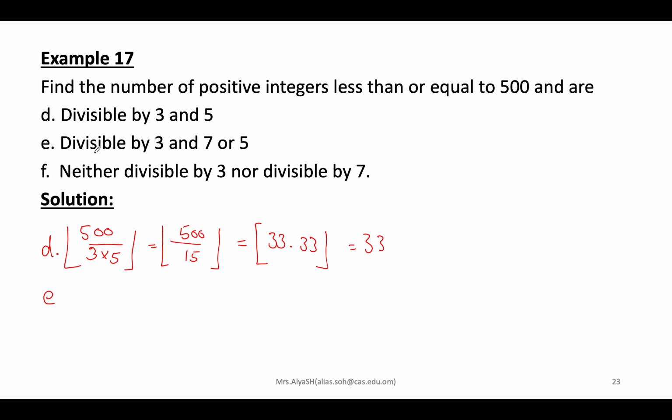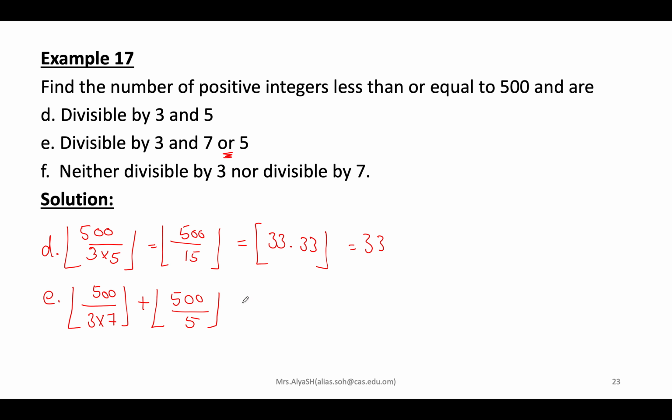E. We need to find the numbers divisible by 3 and 7 or 5. So first, we need to find the numbers divisible by 3 and 7, and then we add to it the numbers divisible by 5.